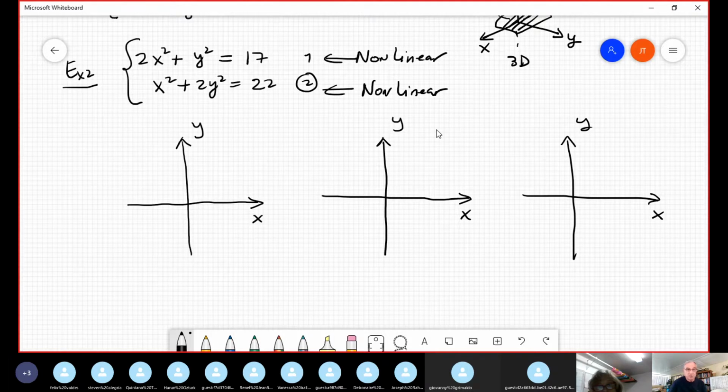Suppose that my first equation represents a circle, non-linear. And suppose that my second equation is linear, it's a line. The solution then is the intersecting points, this point and this point. We have two solutions.